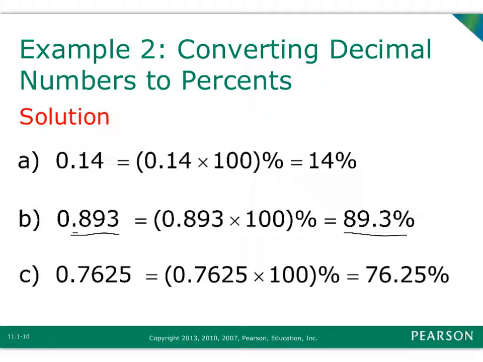And if we have the decimal 0.7625, if we multiply that by 100, we get 76.25%. In general, for decimals, we can move the decimal over 2 places and put the percentage sign in.